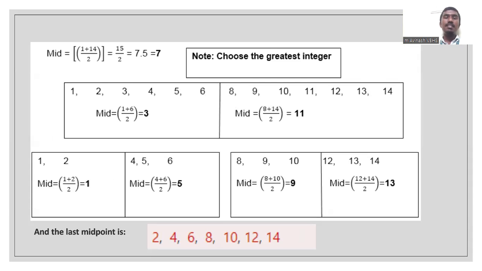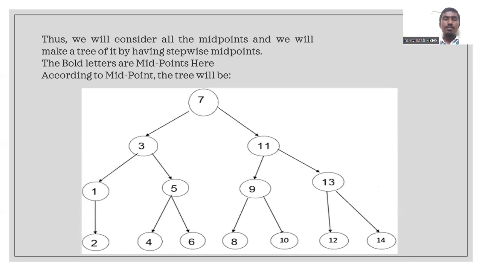We get 7 as the integer value, and then we choose a mid from 1 to 6 and 8 to 14, where mid is 3 on the left and mid is 11 on the right. The left subtree will get mid as 1 and the right side of left will get mid as 5, then the right side of mid will get 9, and the right side of right mid will get 13.